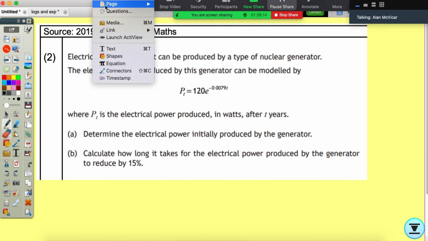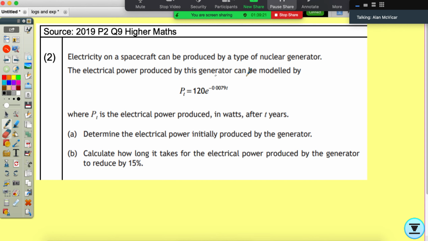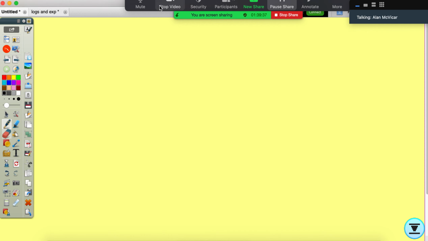Again, nuclear generator, electrical power can be modelled by this situation. Again, it's from a higher maths question, but I just wanted to show you another context, but I'm not going to do that question because it's not going to be that difficult, the stuff you've got to do.